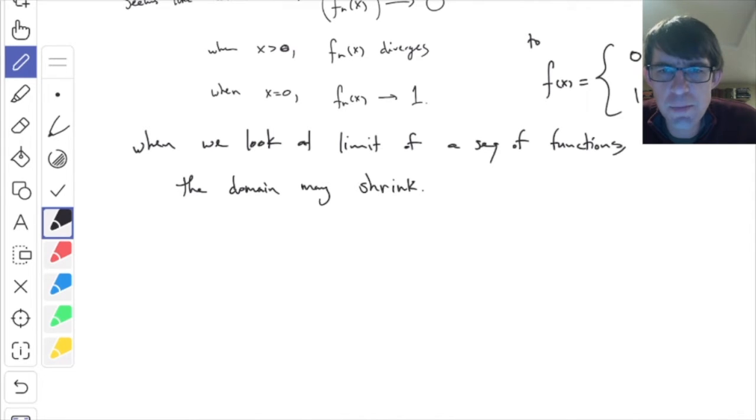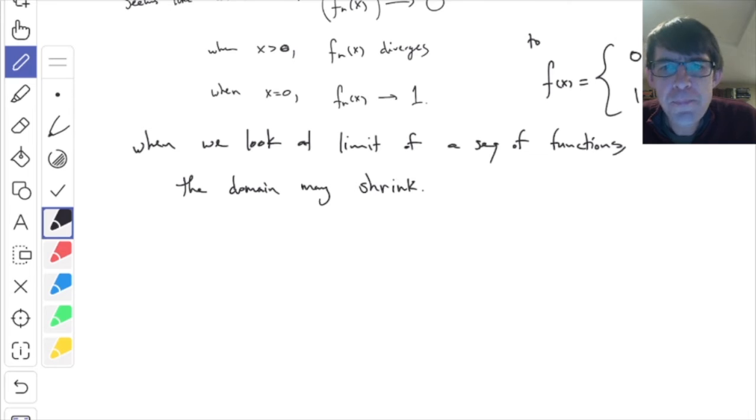It's actually not possible to converge to something with a larger domain. That wouldn't really make sense. But sometimes it converges to something with a smaller domain. So the domain may shrink. Strange but true. And also, you can see in this example, the limit may not be continuous anymore. Even if all the things that you started with were continuous, the thing they converge to might not be continuous. This is such an example.